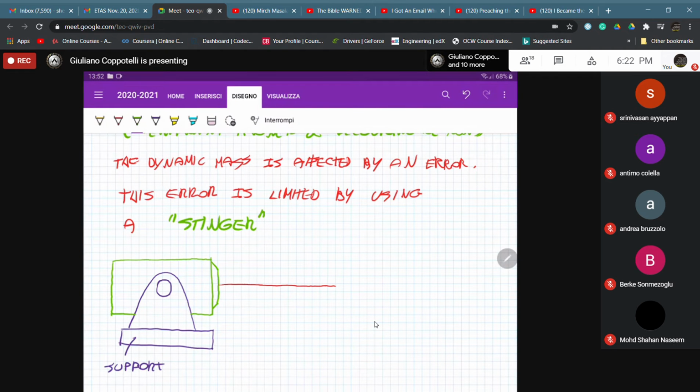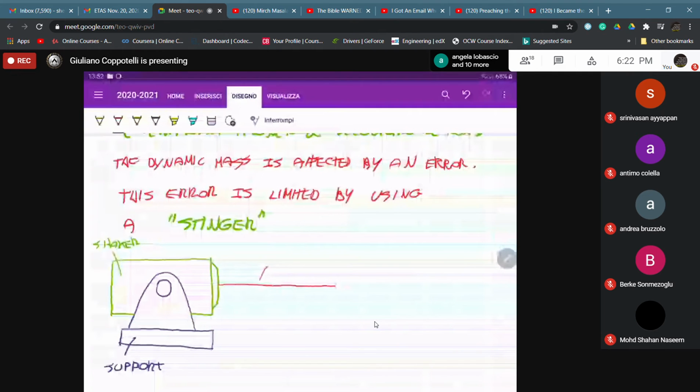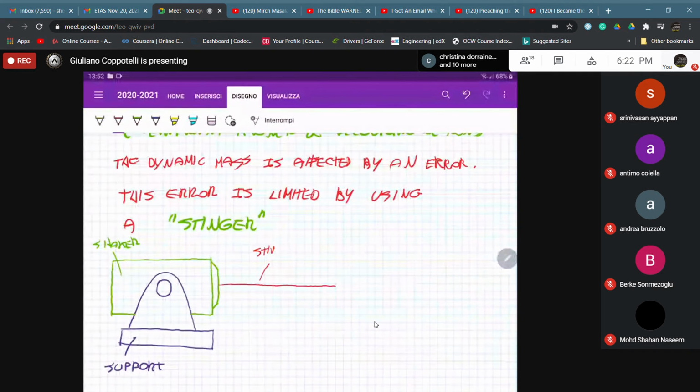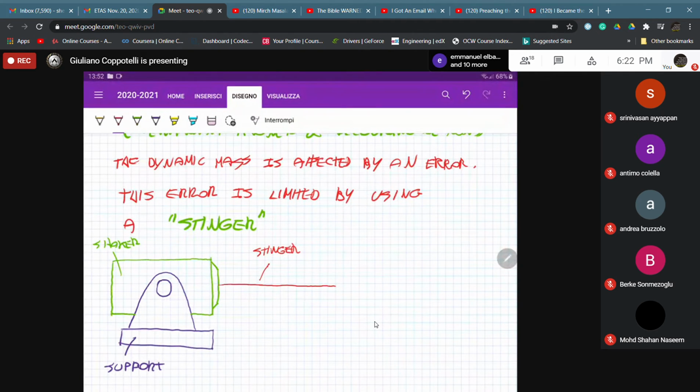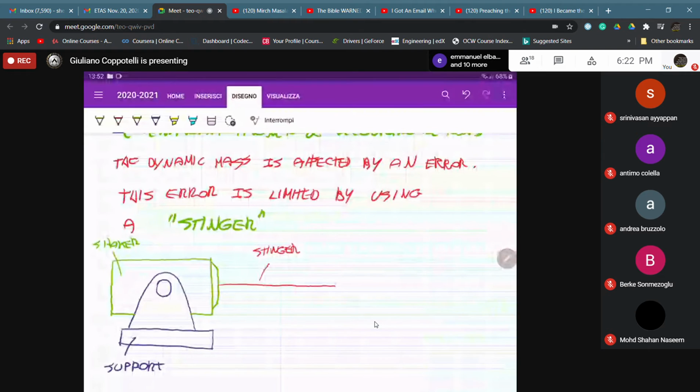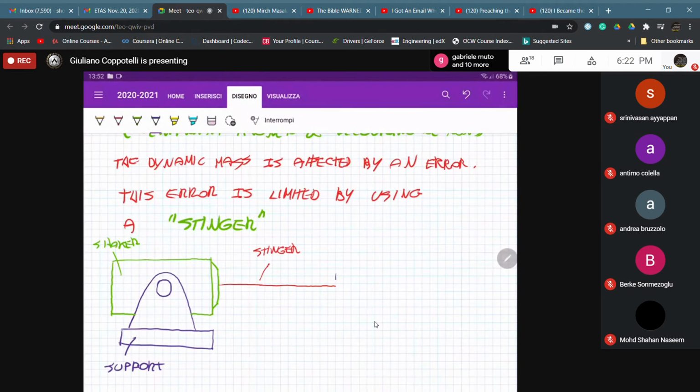Okay, it is of course our shaker. We are having the stinger here. And then just before connecting to the structure, we are placing a load device, for example, this, that is your load cell.